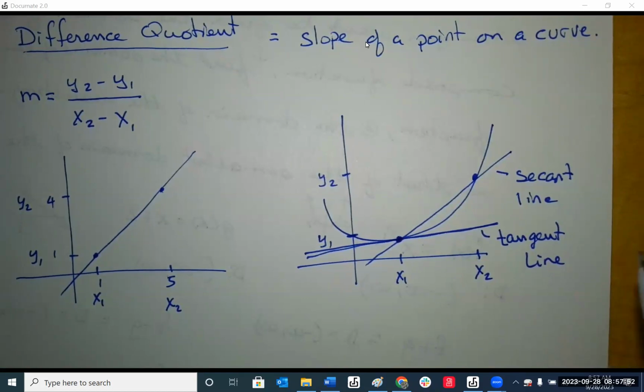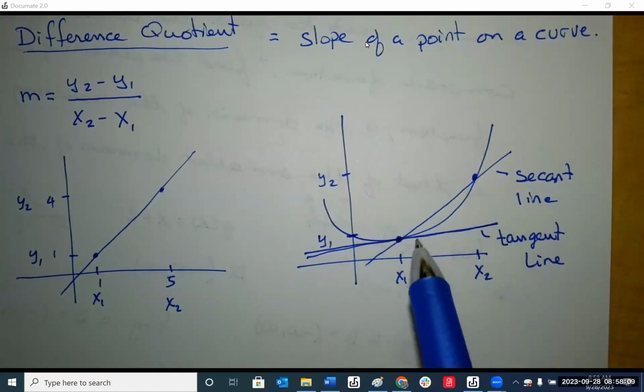So which one would have a more accurate slope? The more accurate slope is the tangent line, because that only touches the point at 1. So if we know the slope of this line, then we know the slope of that point right there, because it's touching the curve at that point.